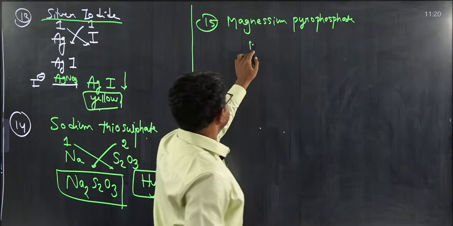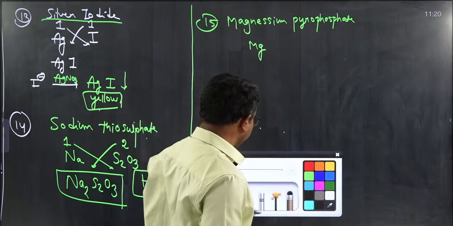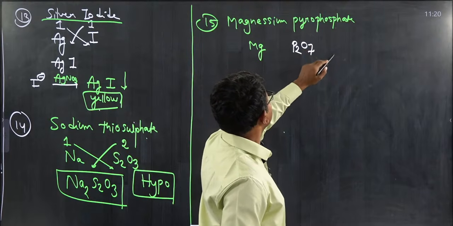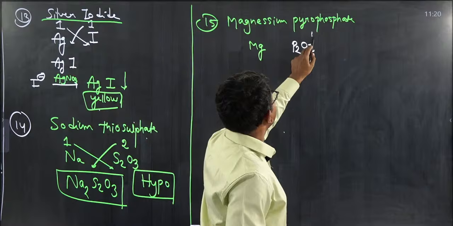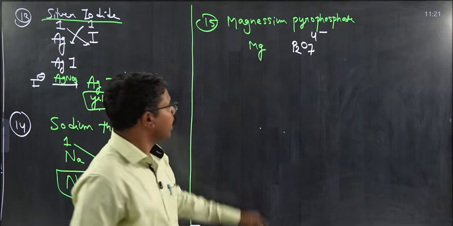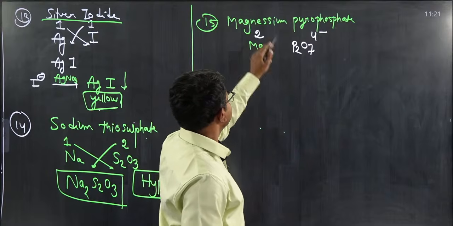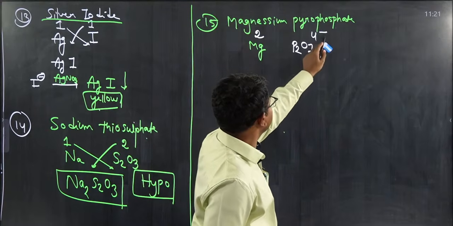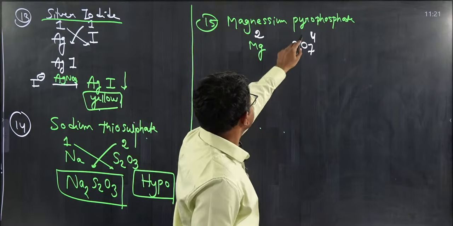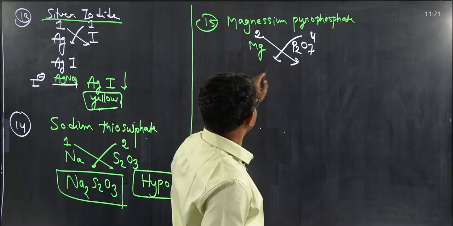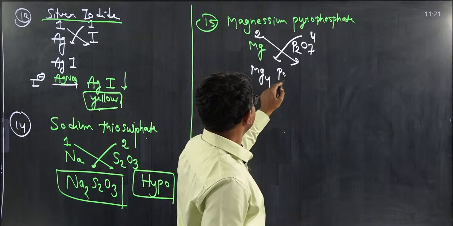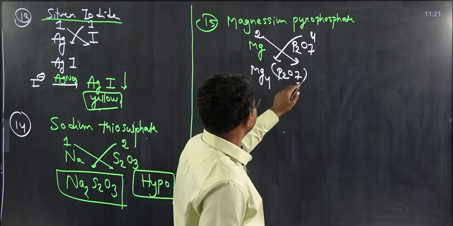So magnesium symbol is Mg and pyrophosphate symbol is P2O7 4 minus. Right? Magnesium valence is 2 and pyrophosphate, I think no need of mentioning the charge over here, and the valence is 4. Just cross these valences, you will get the formula as Mg4(P2O7)2.